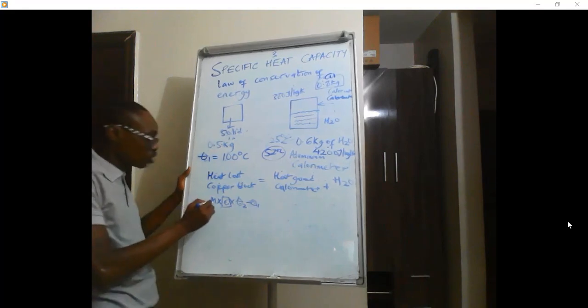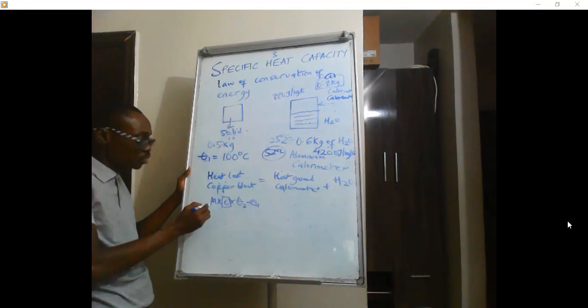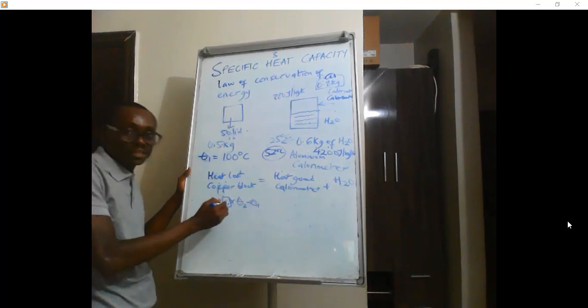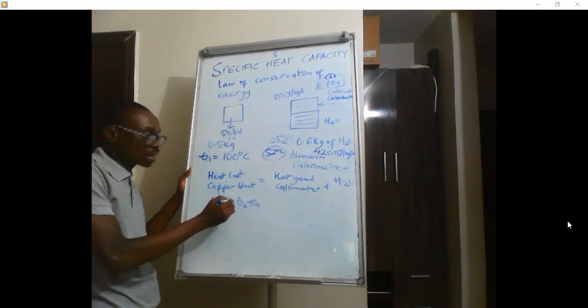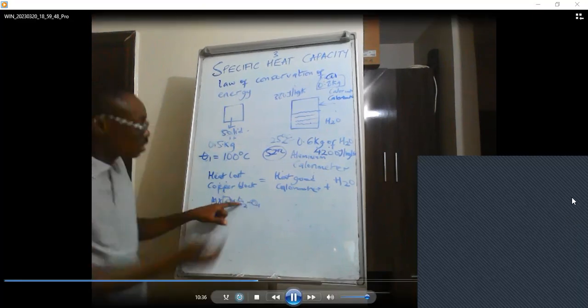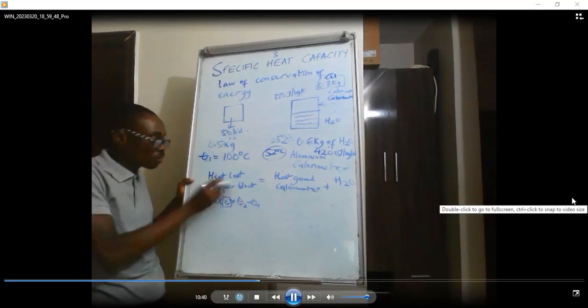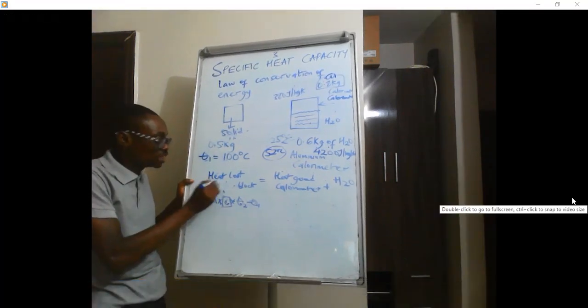So to calculate the heat lost, this is going to be the mass of, sorry, not copper, we're not looking at copper anymore, we're looking at the general solid, so let me change that to a solid block.